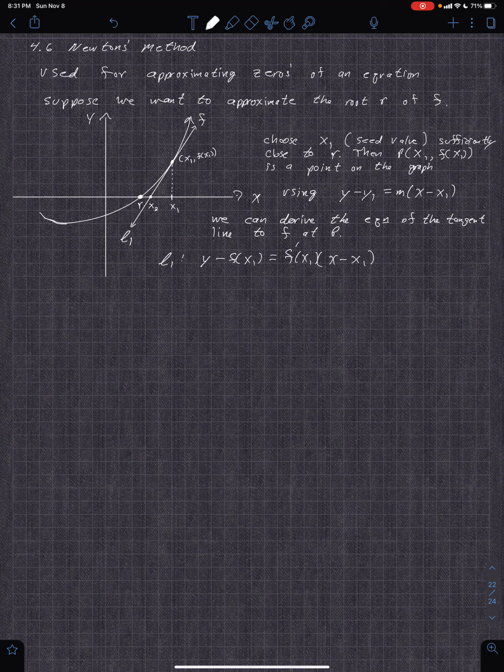So that's the equation for any point of the line. That's all of these points. So we want the x-intercept. We want to figure out x2. Where did that hit? That means your y value is 0.